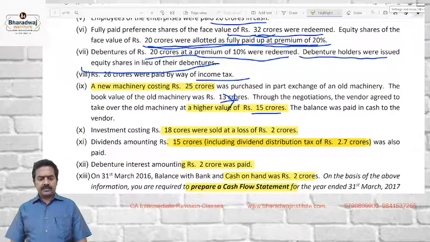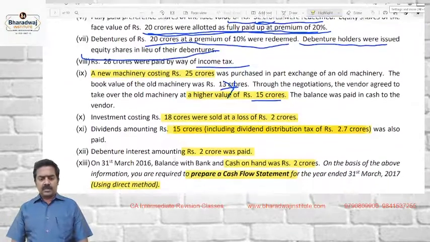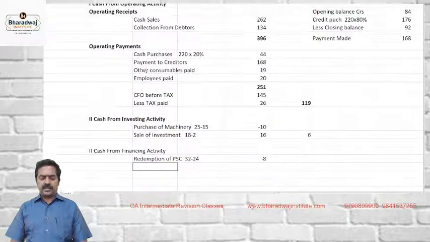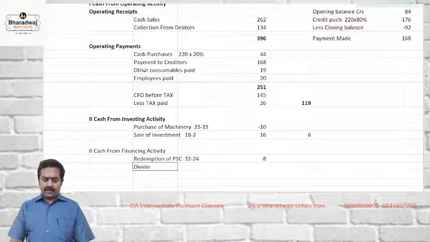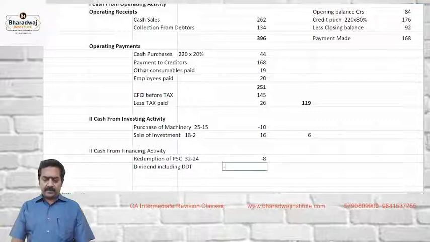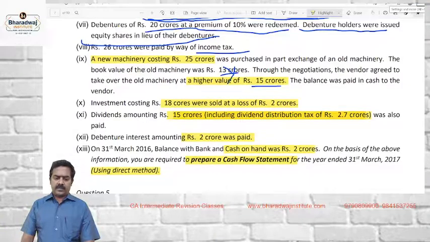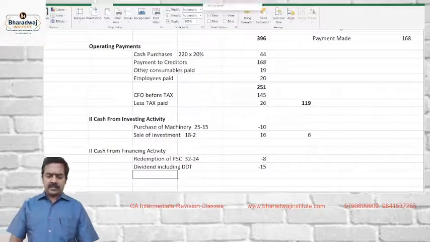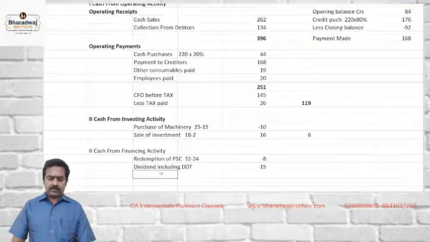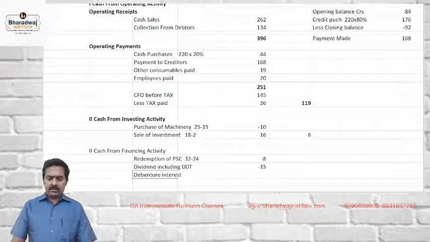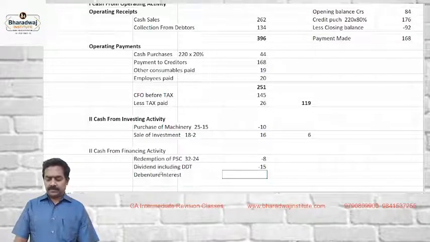Then what is the next one? Debentures. Debentures nothing is paid. Debentures nothing is paid in cash. Dividend including dividend distribution tax, how much you have to pay? 15 crores. Then debenture interest. What is the debenture interest payable?